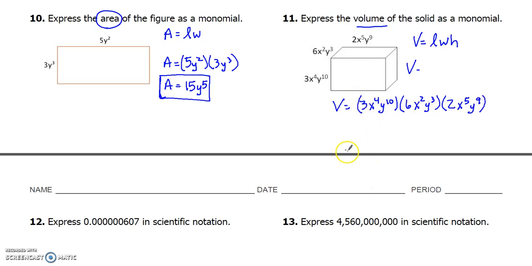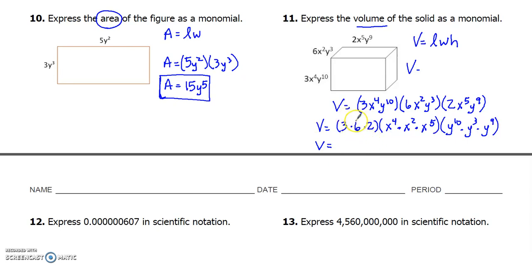Okay, so if it helps, guys, you can rearrange, put all of your coefficients together, all of your x terms together, and then all of your y terms together. Just keep reminding yourself what law this is. So the coefficients, of course, we're just multiplying.